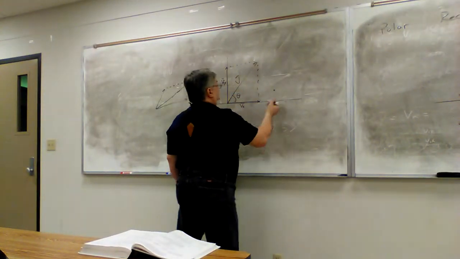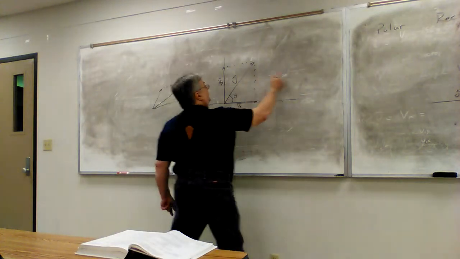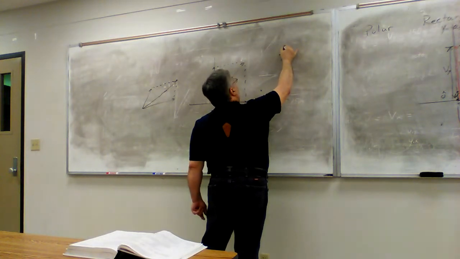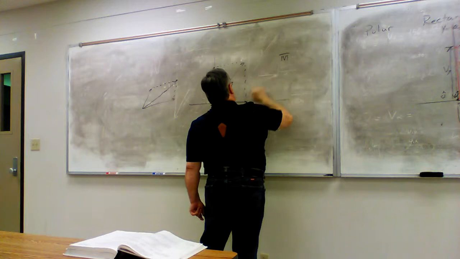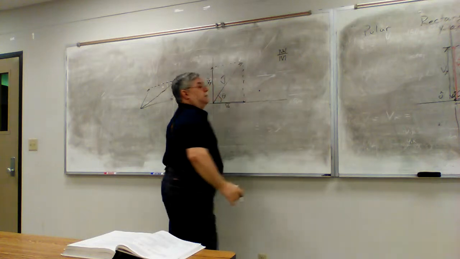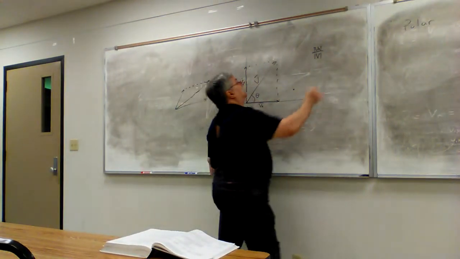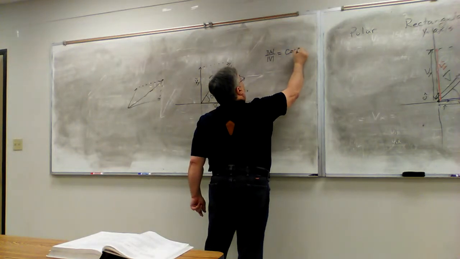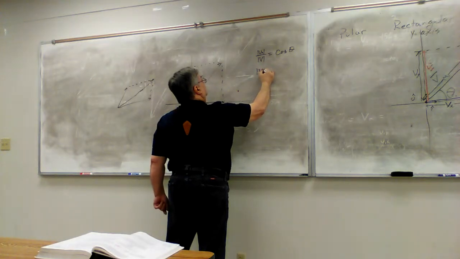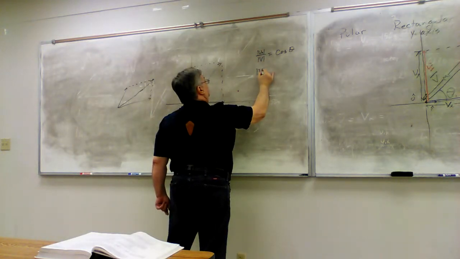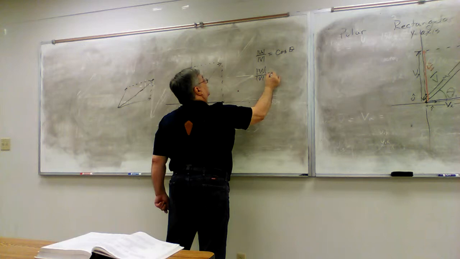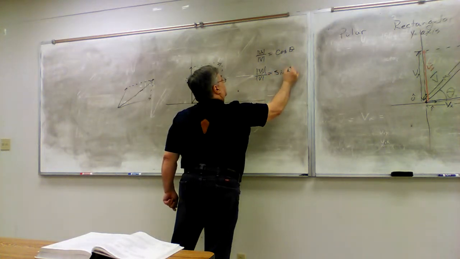At theta, from trigonometry, we know that if we divide the adjacent side of a right triangle by the hypotenuse of that triangle, that will give us the cosine of that angle. And if we divide the opposite side of a right triangle by its hypotenuse, that will give us the sine of that angle.